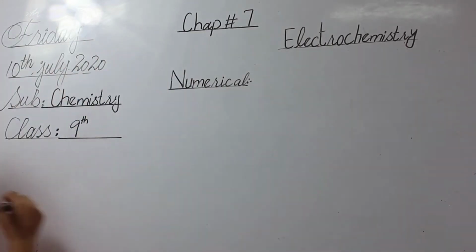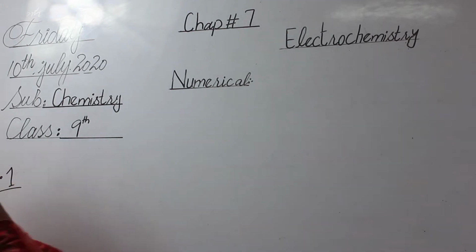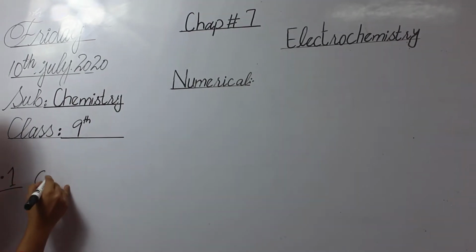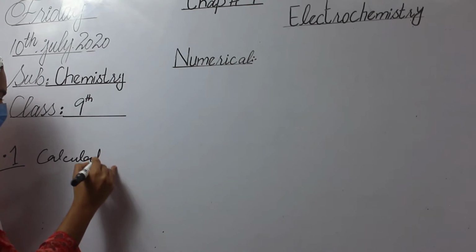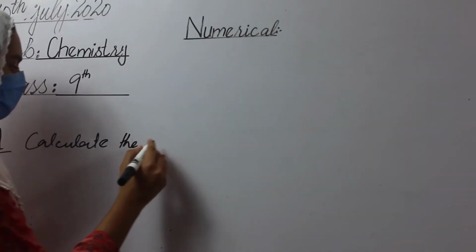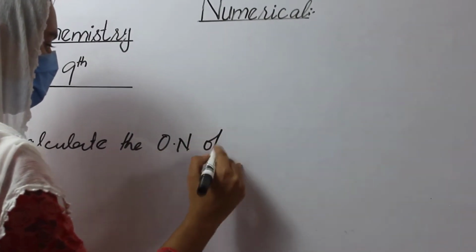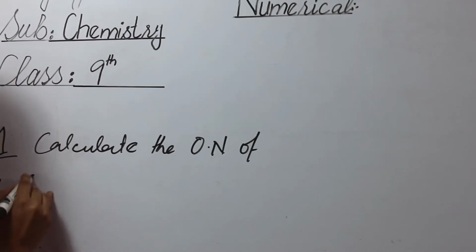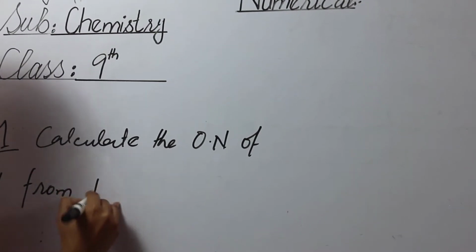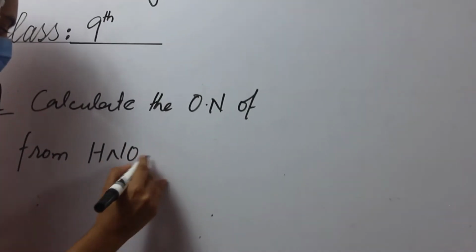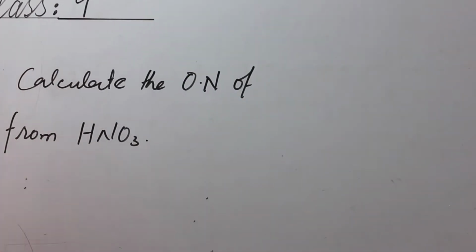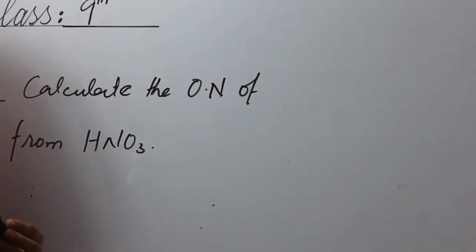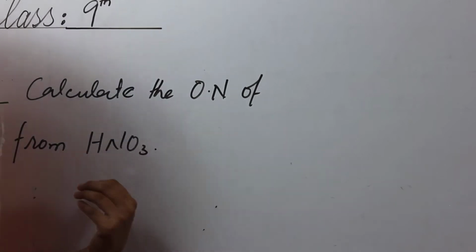Let's go, class. First of all, numerical number 1. The numerical number 1 is: calculate the oxidation number of nitrogen from nitric acid. Nitric acid is a compound and we want to calculate the oxidation number of nitrogen from this compound.